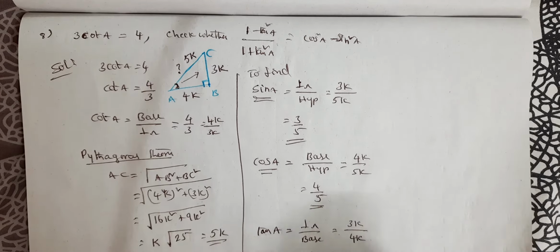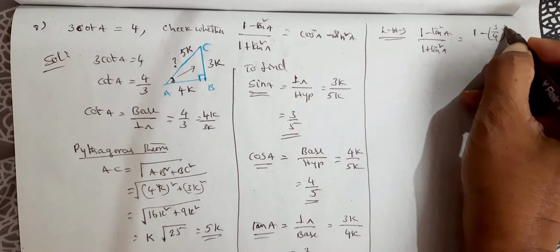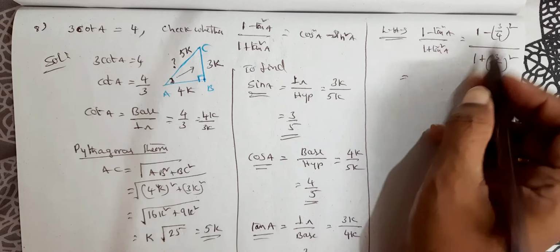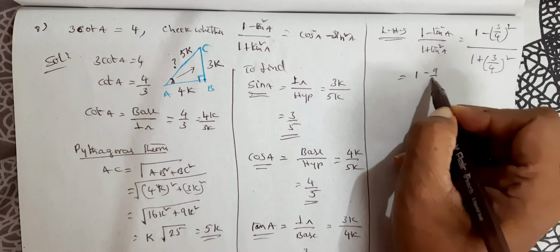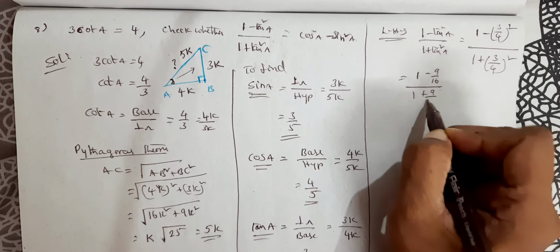Now let us check from the LHS. First we will take LHS. What is LHS? 1 minus tan square A by 1 plus tan square A. Let us substitute that. Tan A, how much did you get? 3 by 4. And tan square means 3 by 4 whole square, by 1 plus, again 3 by 4 whole square. That can be simplified as 1 minus 9 by 16 by 1 plus 9 by 16. 16 is the LCM.